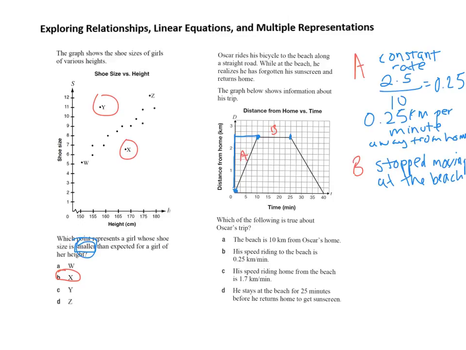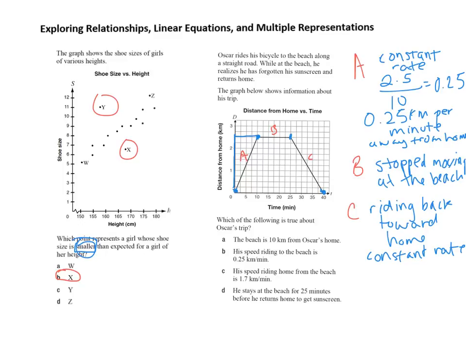Let's imagine I'm interpreting now line C. Now I'm going to be comparing this point again here to this point down here. If I want to describe what he's doing for C, now he's going to ride back towards home, riding back towards home at a constant rate. And what's his rate? Well, rise over run again.